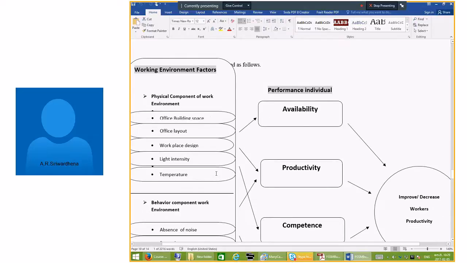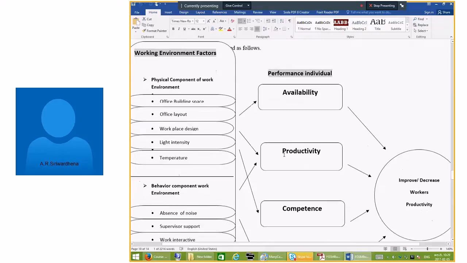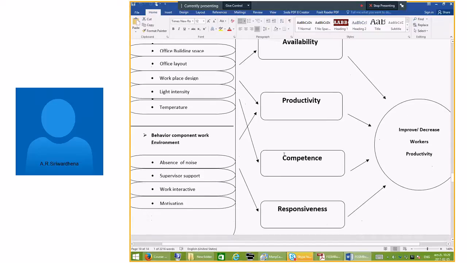My independent variables would be office building space, office layout, workplace design, light intensity, temperature, and as the behavioral component, work environment, the absence of noise, supervisor support, work interaction, and motivation. Performance would be the dependent variable, measured based on availability, productivity, competence, and responsiveness.